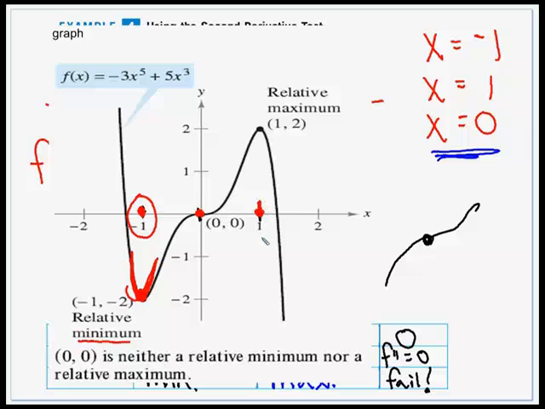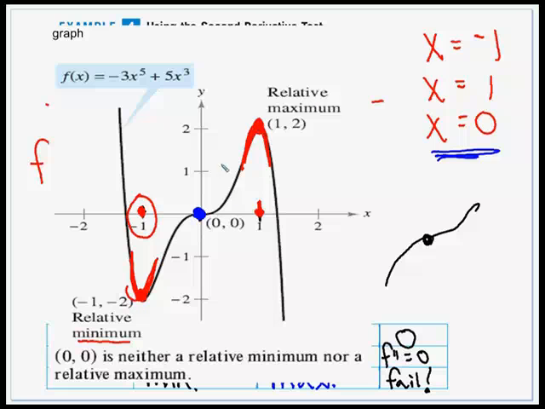When we did x is positive 1, we plugged that into our second derivative, and we found out that it was concave down at that point, which meant we were at the top of a hill, or that point is a relative max. And the test failed at 0, and here's why. When we plug that in there, we can see that this is a point of inflection.